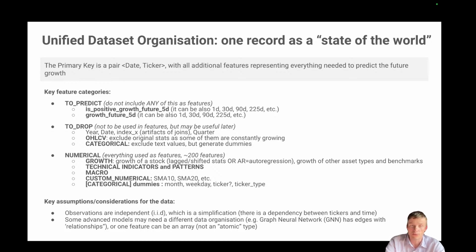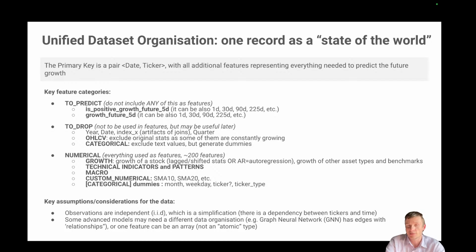And also we assume that our data consists of atomic data types. What I mean by saying atomic is only numerical integers and float types, and nothing else. For example, why do I need to include 10 different features of growth 1 day ago, 5 days ago, or 10 days ago?